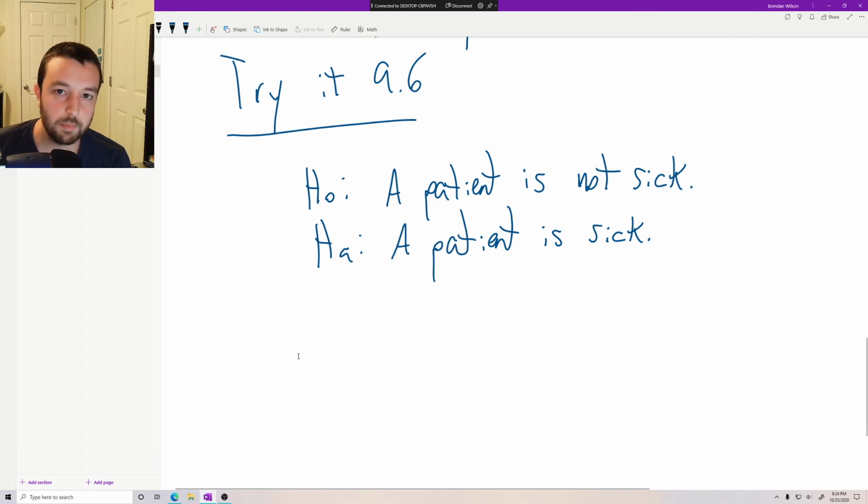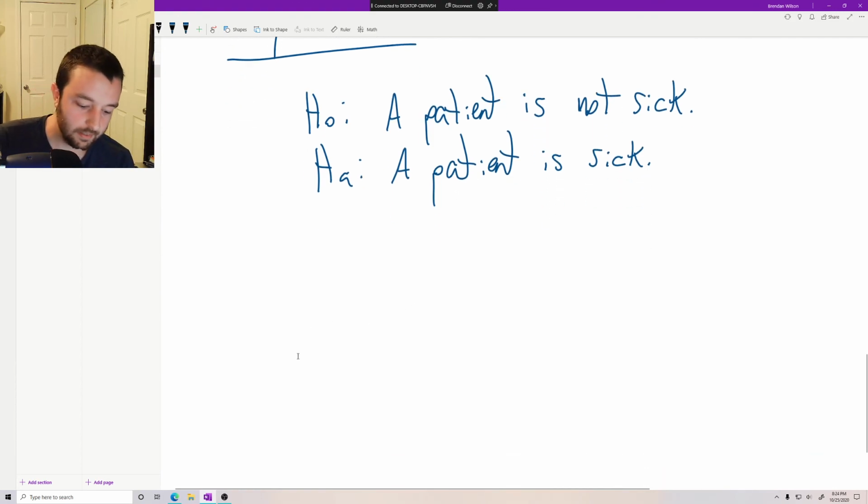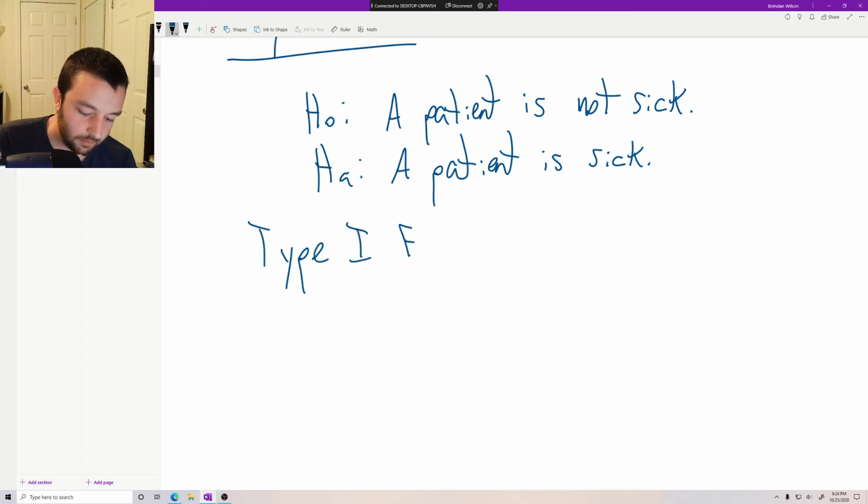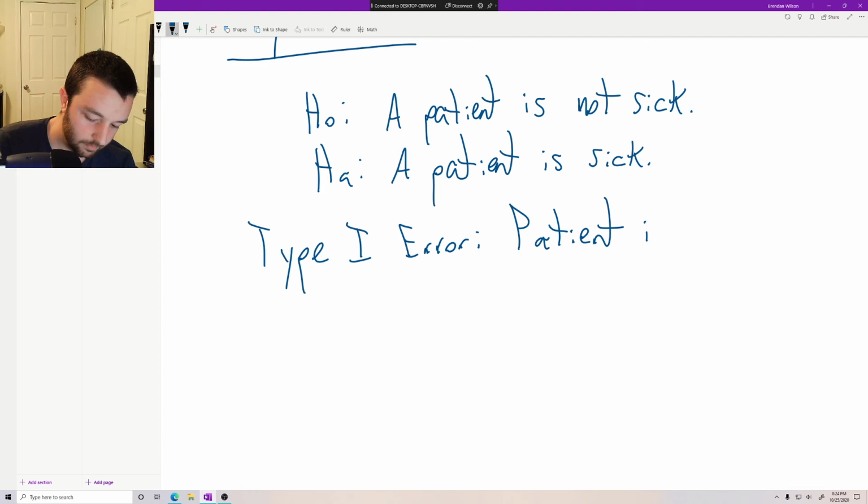So it wants to know which type of error has the greater consequence. So first, let's look at the type 1 error. So this would mean that H naught is true, meaning that the patient is not sick. Okay. Is not sick.